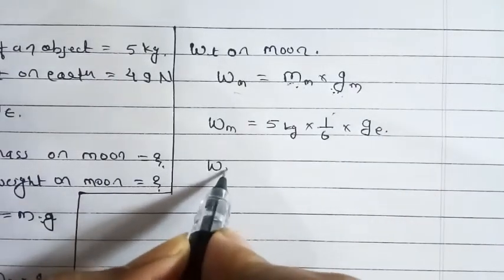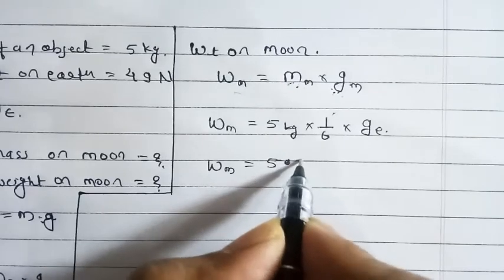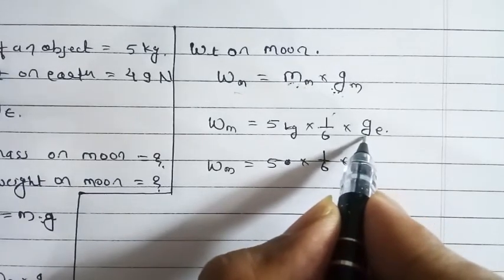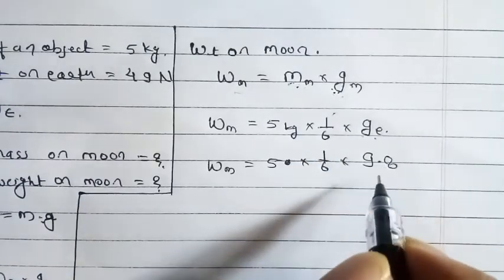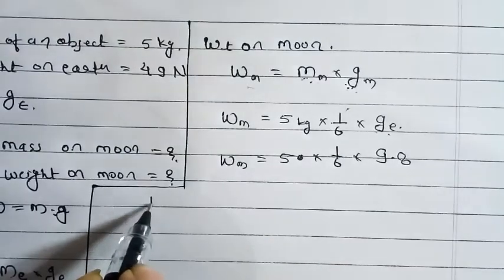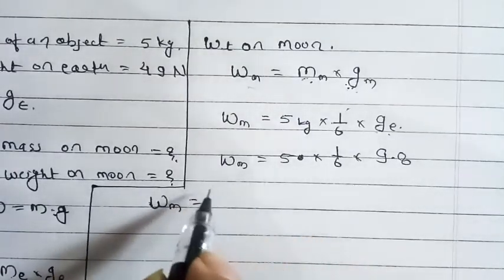So weight on moon equals 5 kg into 1/6 into, we have just derived, the value of g of E, 9.8.